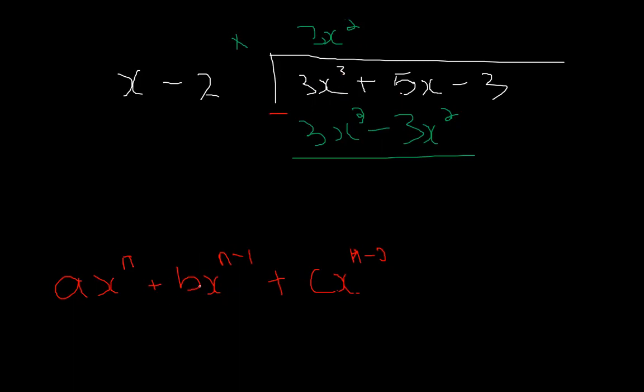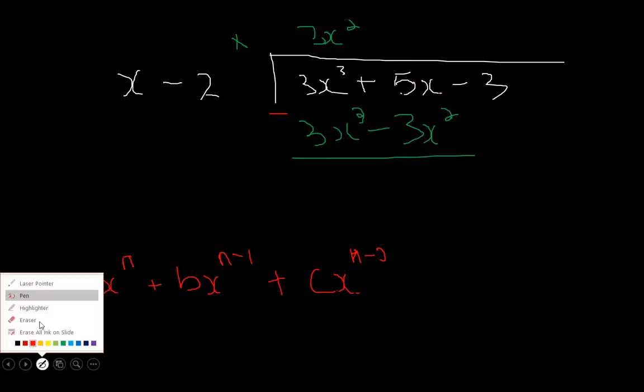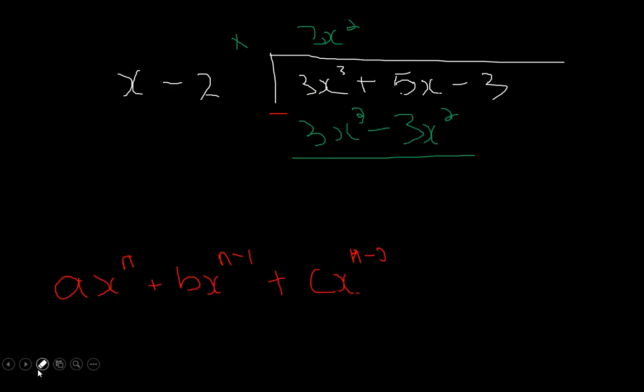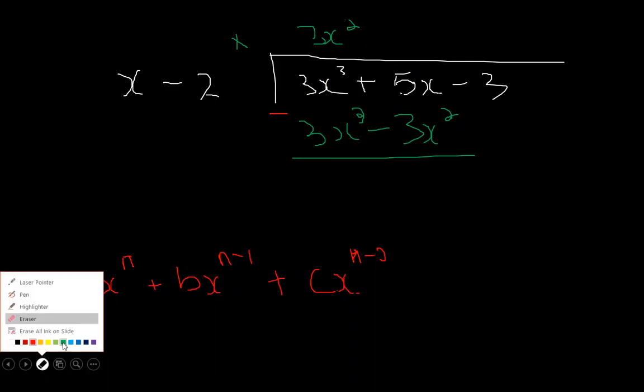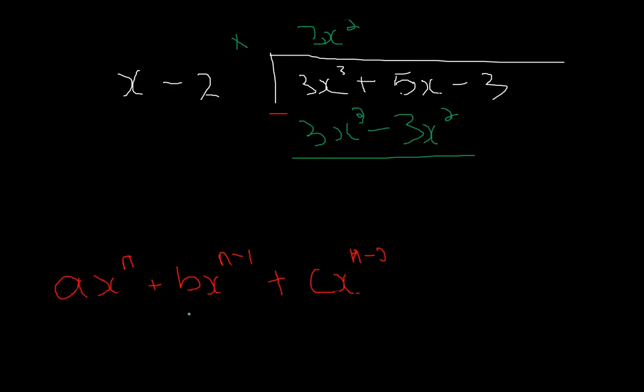According to my rule, the next term is supposed to have squared as the power, right? But I don't see that. I see 3x cubed and then I jump straight to 5x. But what does that mean for me? That just means that the term that has x squared is just 0.